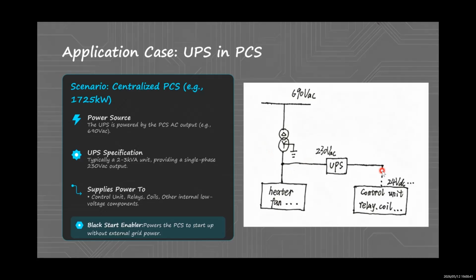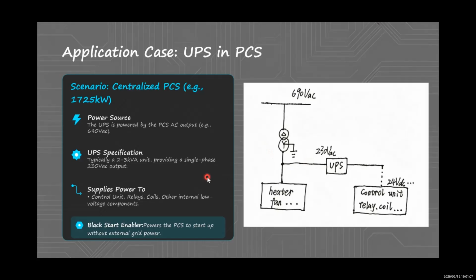Typically, this UPS specification is 2 or 3 kVA units providing a single phase output. Also, this UPS will support black start functions.